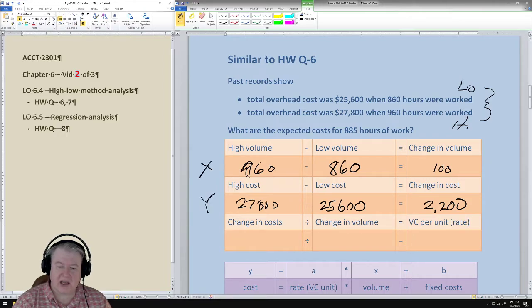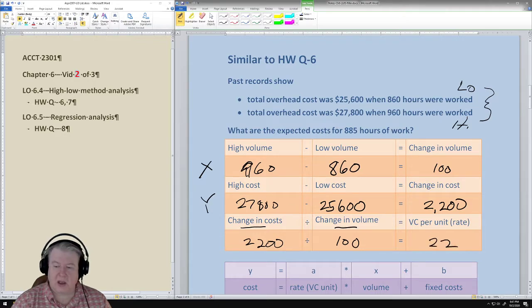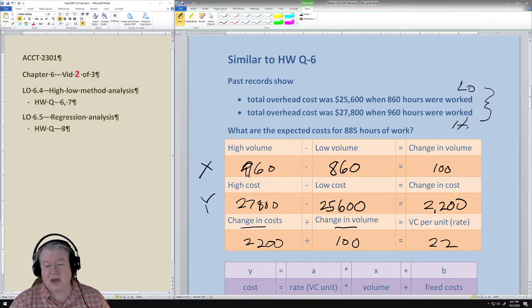So we take the change in y divided by the change in x. We would take 2,200 divided by 100, and what does that come up with? Well, that comes up to $22. So what this represents is for every extra unit we make, or whatever the cost driver is, every hour that we work, we add on an extra $22 in variable overhead.